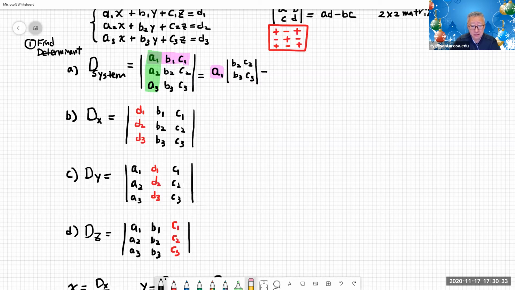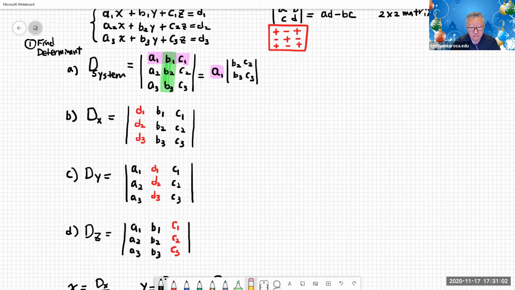Then I am going to use the second column. So now I am using the first row, the second column. The second column is going to get highlighted, and whatever remains is going to be inside the next matrix.